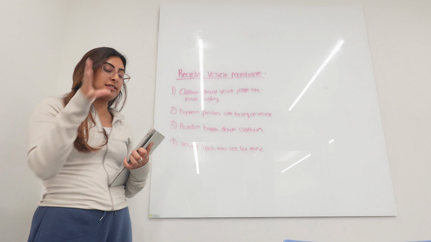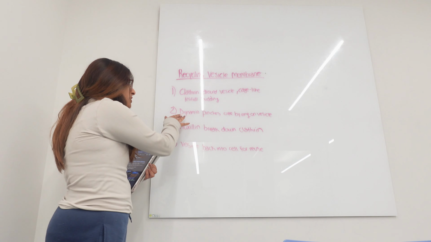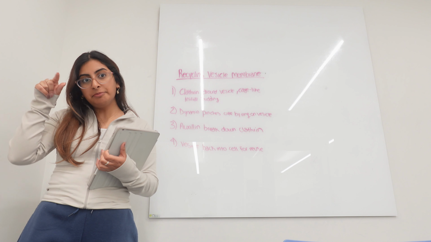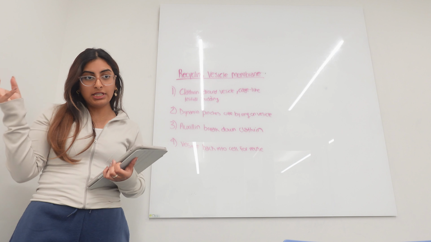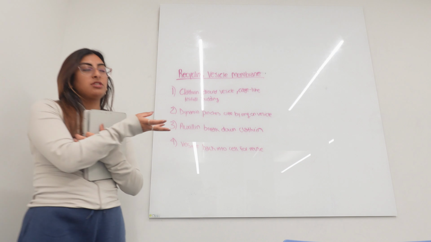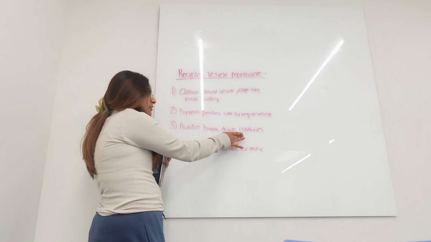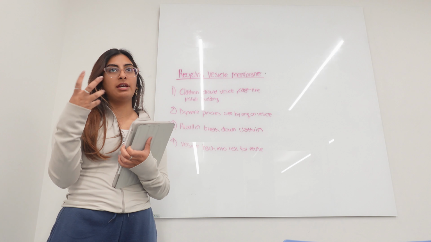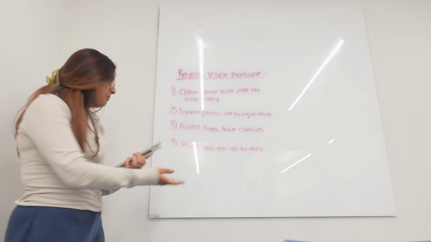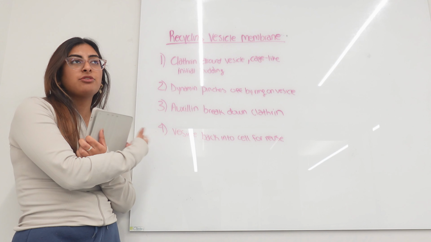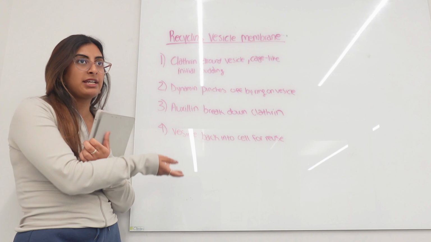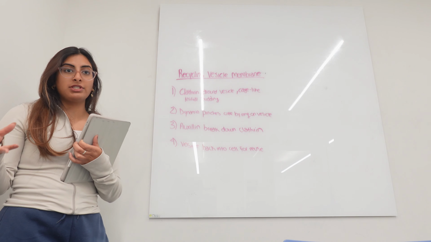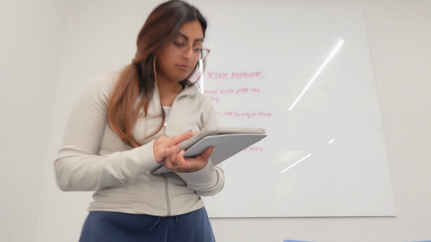After the budding and the stalk occurs, dynamin forms a little ring around the vesicle's bud and pinches it off for release. And then auxilin, which is just a protein, breaks down the clathrin around the vesicle, so it can be a plain empty vesicle. And then finally, the vesicle goes back into its normal shape and goes back into the axon terminal through endocytosis for reuse.